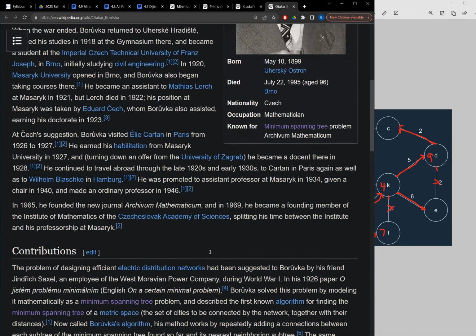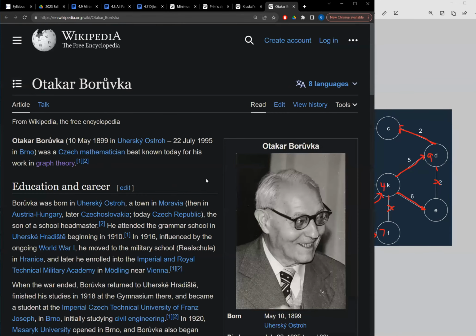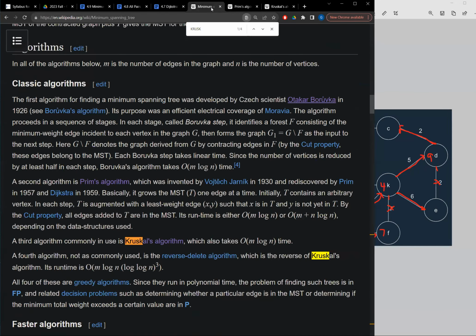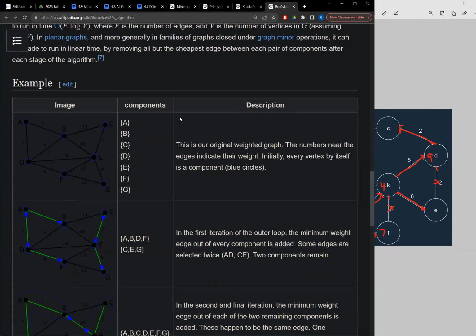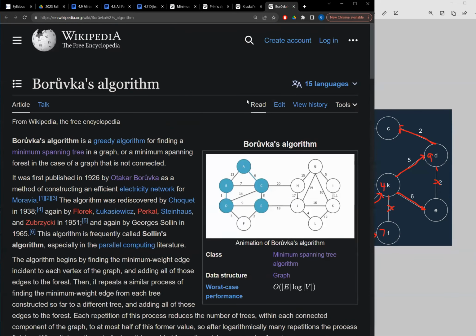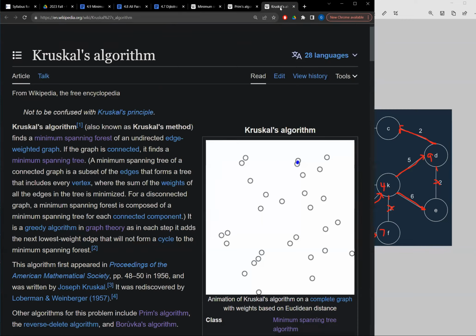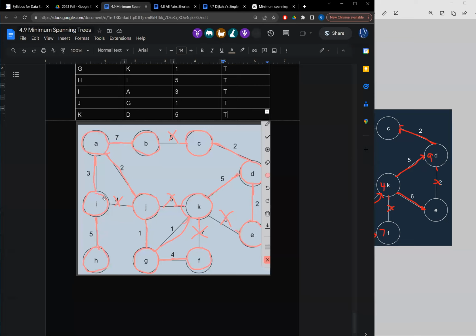Interesting how Wikipedia says this is the first algorithm. I guess I just went to the wrong page, the algorithm page instead of the author page. Right? More than one way to fry the egg. I don't remember reading about this particular egg frying, so we're not going to talk about that one. Lots of ways to fry the egg. So, any questions about either of the two ways that we can go about finding a minimum spanning tree?